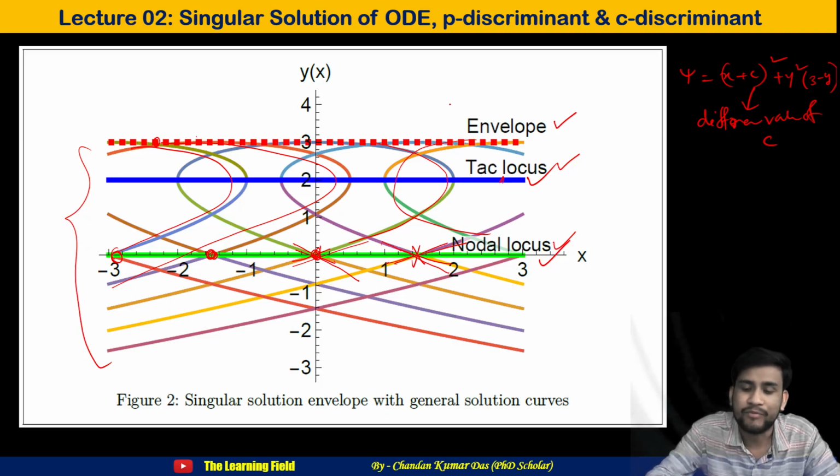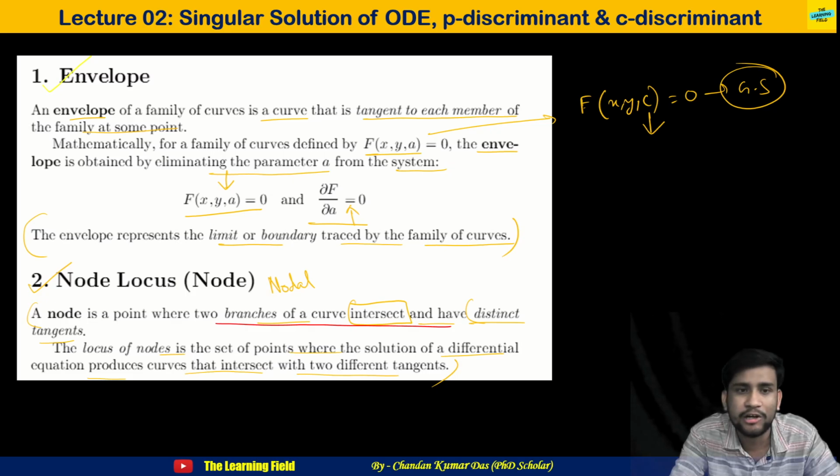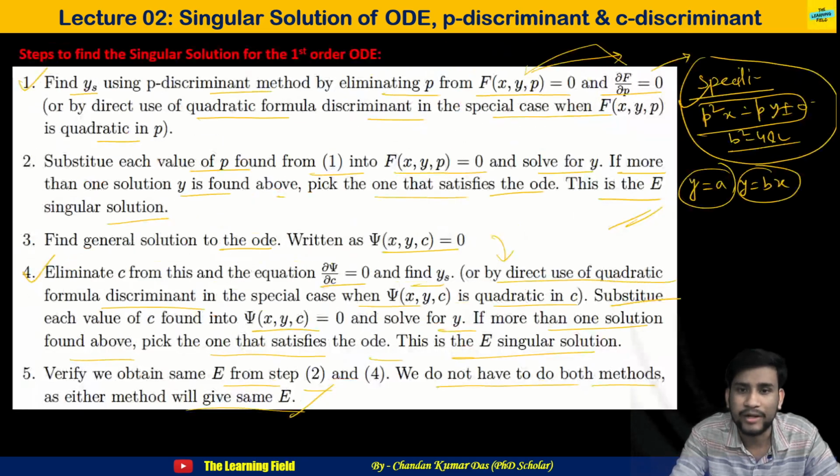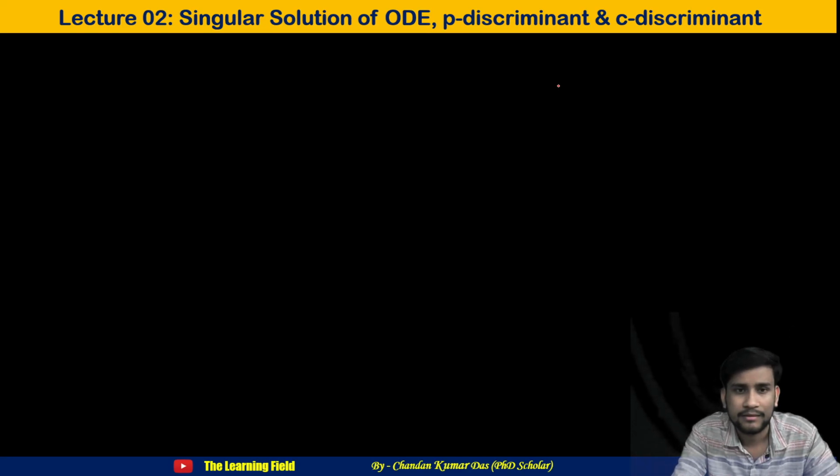Envelope means the family of curves that is tangent to each member of the family at the same point. So the red dots are the envelope. Now let us see a different example.